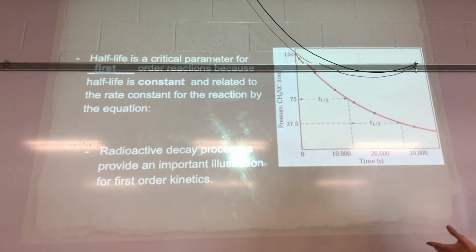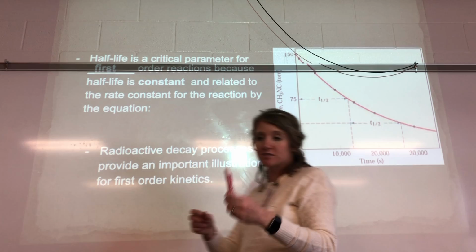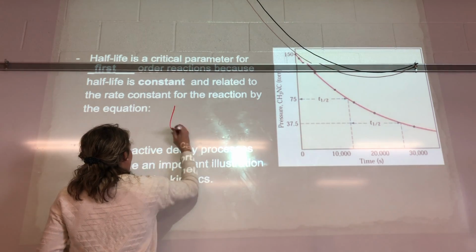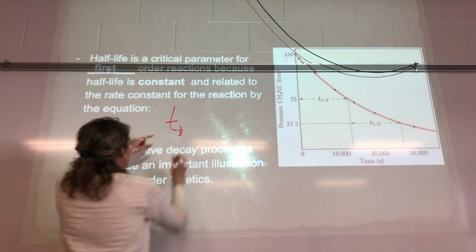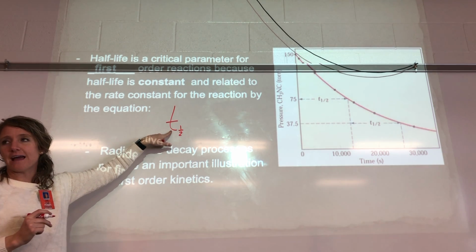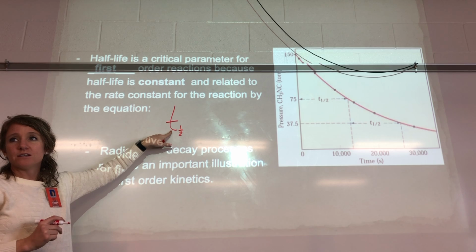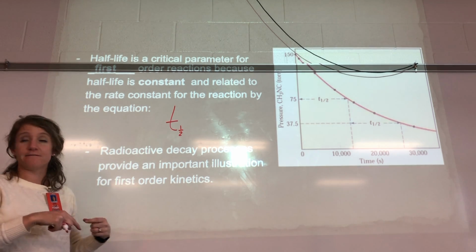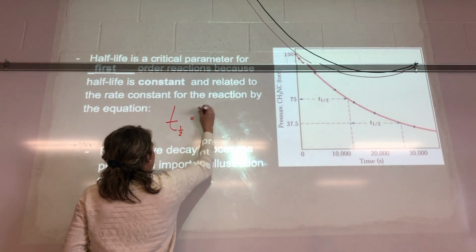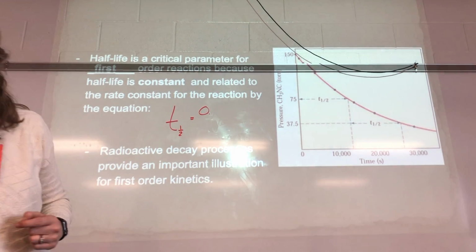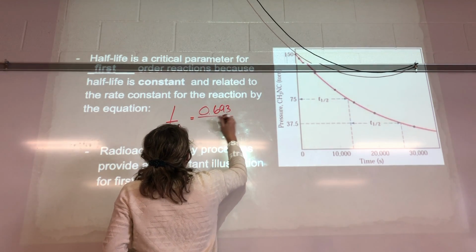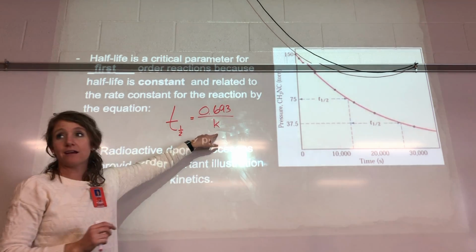There's a mathematical function that relates the two, and this is also under the kinetic section on your formula sheet. So the equation is T of 1/2. That symbol means half-life. So if you know something is first order, you can find what the half-life of it is by taking 0.693 over K, which is the rate constant again.